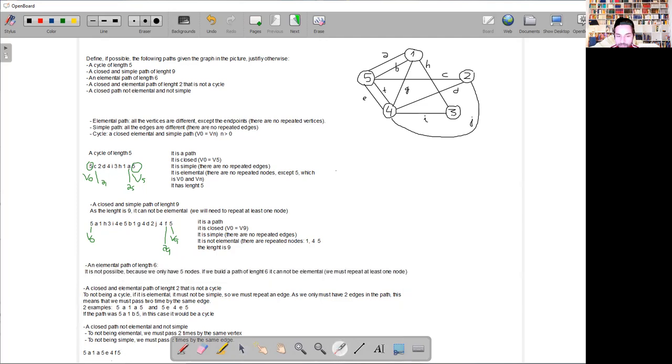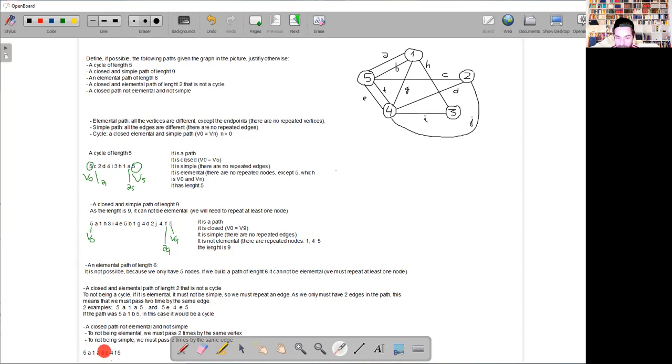So we pass 2 times by the same edge, and we pass 2 times by the same vertex, which is 5. Remember that if it is on the end points, it doesn't count. So if we didn't have this 5 in the middle, it could count as only one vertex, right?